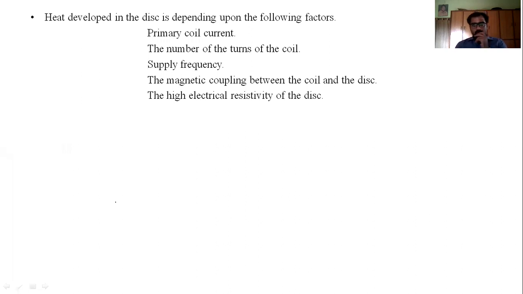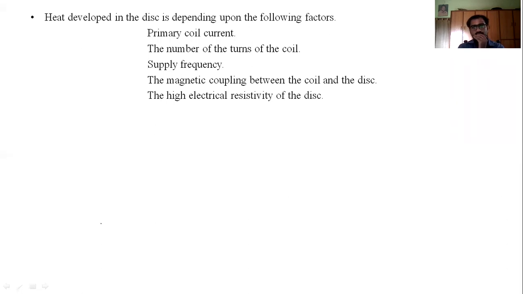So here we will see when heat is generated in non-magnetic materials, how the heat is going to be developed, and by what term. If you consider magnetic materials, what are the losses or currents that occur?